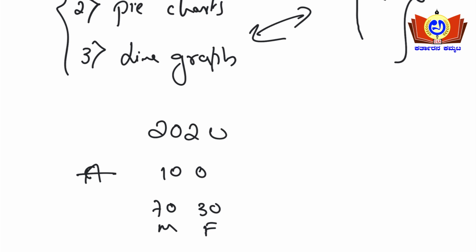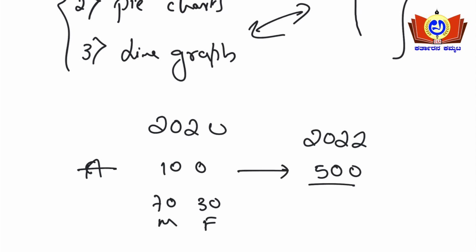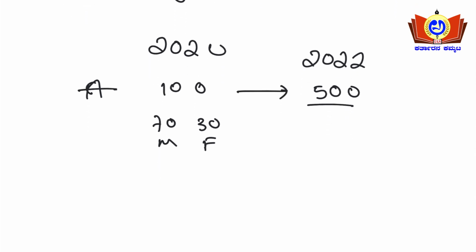In 2022 the population rises to, say, 500, just assuming that, in a span of 2 years, and the male and female ratio will be 3:2.